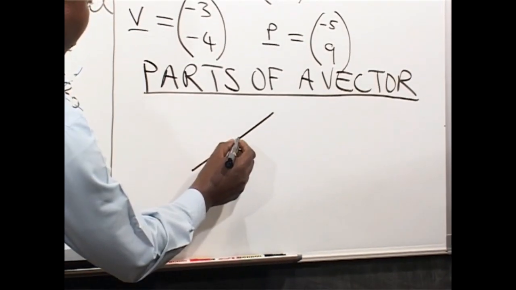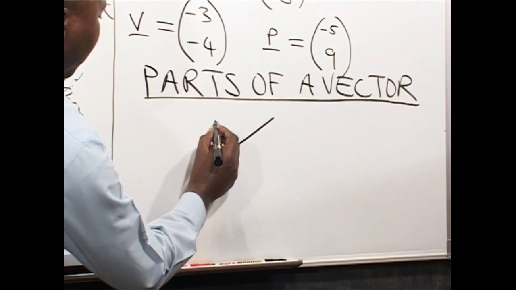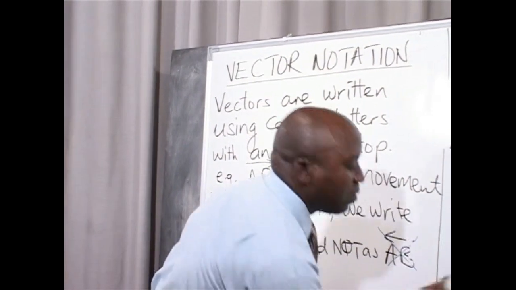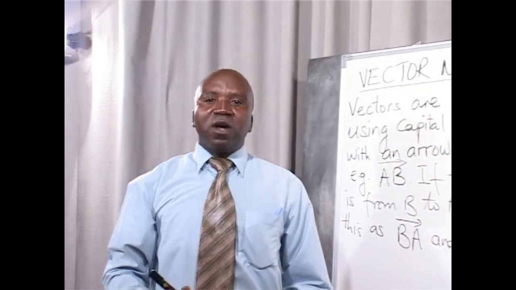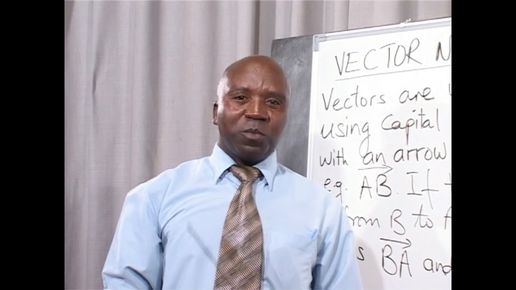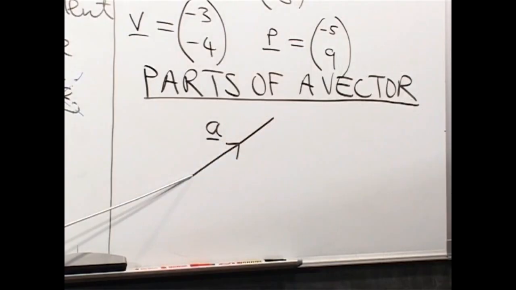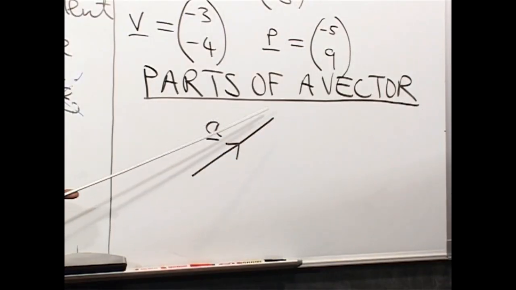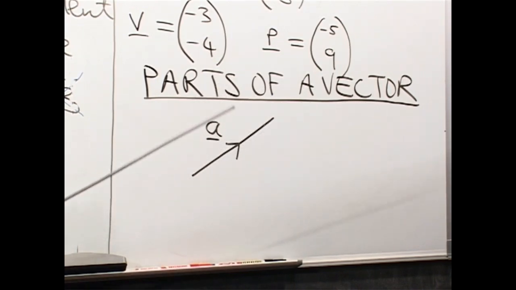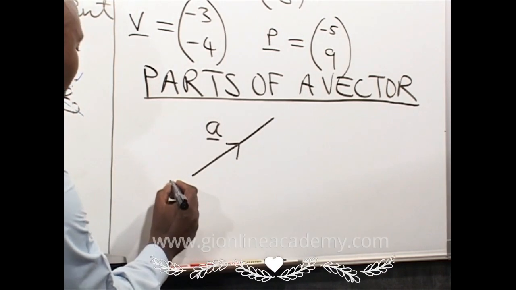When I have a directed line segment, and then I say this is vector A, I'll write it like that. Now, the starting point of the vector, the point where the vector starts from, is known as the tail of the vector. And the end point is known as the nose. So a vector has a tail and a nose.